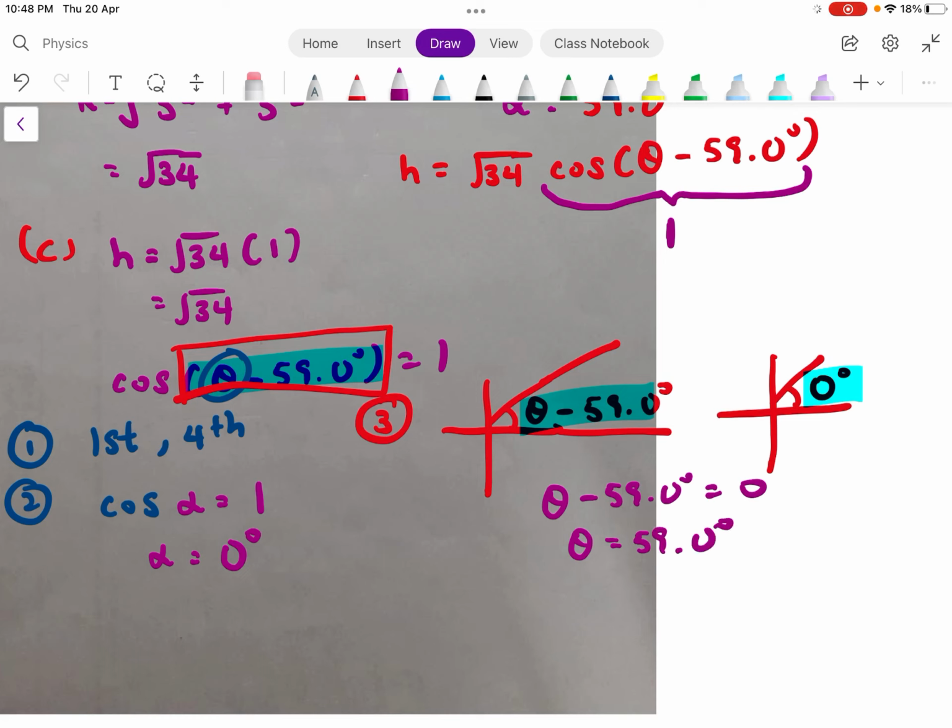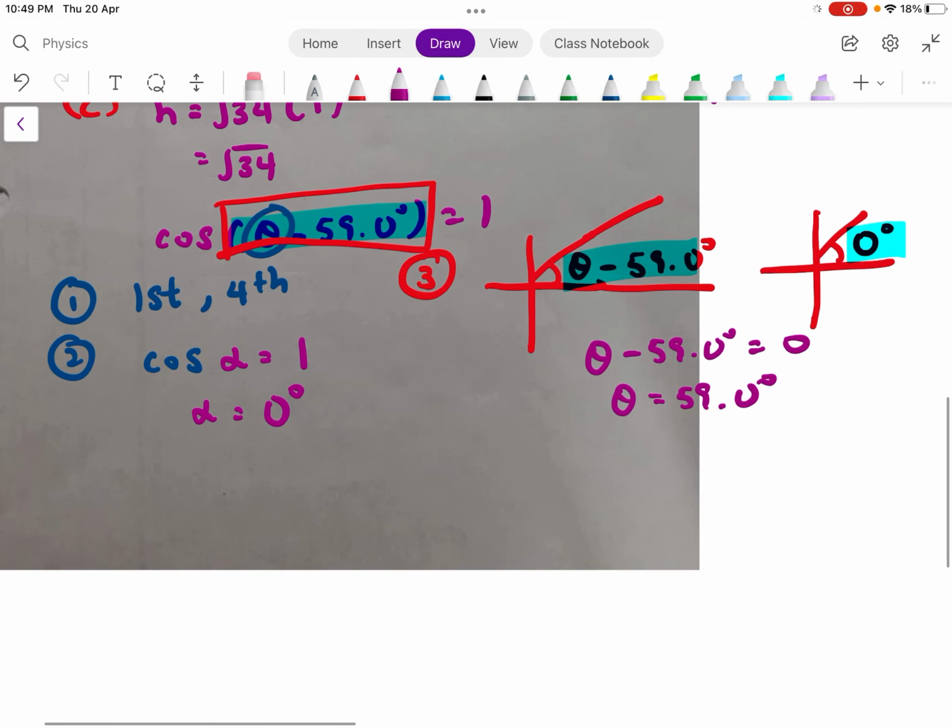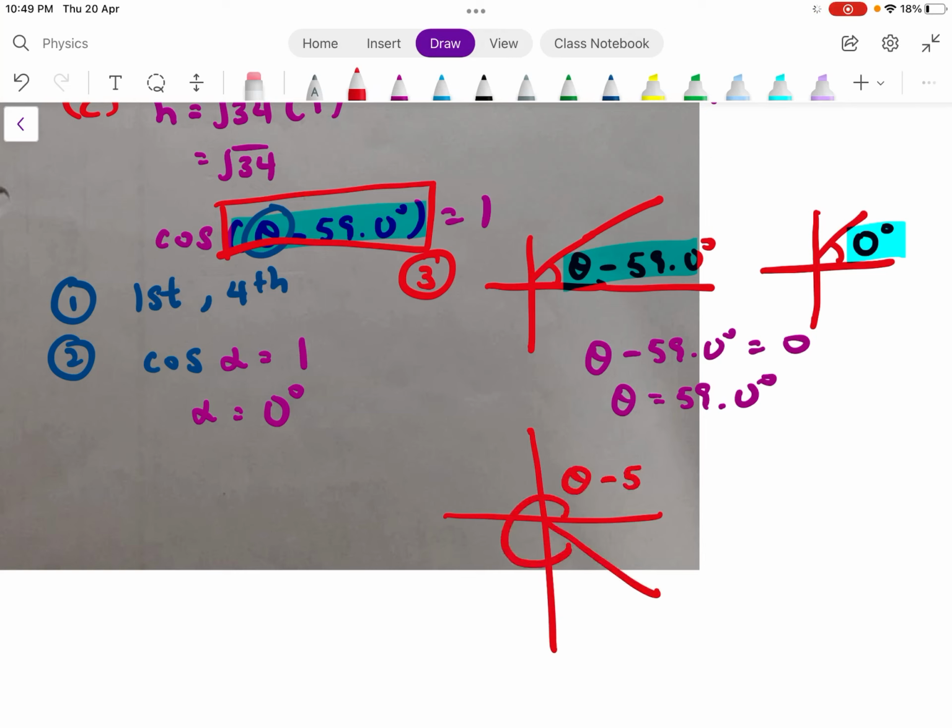Okay, let's go to the fourth quadrant. We draw like this. So this is your fourth quadrant, theta minus 59.0 degree. When you draw, the base angle for the fourth quadrant is here.